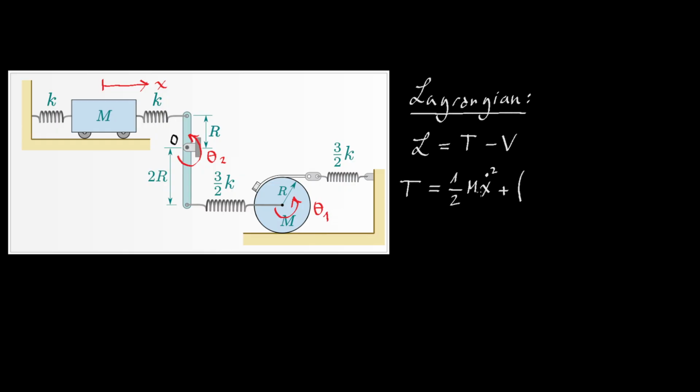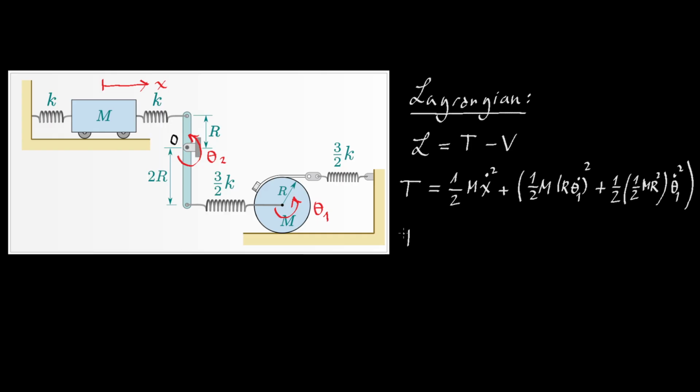The translational kinetic energy is simply 1/2 times m times the translational velocity, which in this case is equal to (r theta 1 dot) squared, plus the rotational kinetic energy, which is equal to 1/2 the inertia of the cylinder, which in turn is 1/2 times m times r squared, multiplied by the angular velocity theta 1 dot squared. So this whole expression is the kinetic energy of the system.